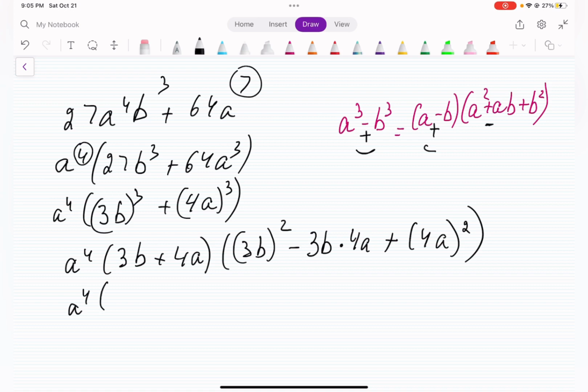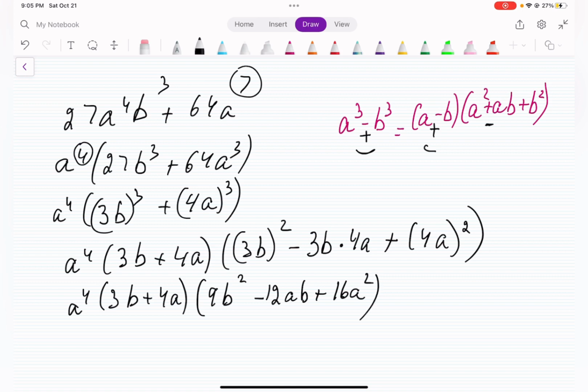A to 4, 3b plus 4a, and then 3b squared is going to be 9b squared minus 12ab, and plus 16a squared. 4 squared is 16a squared. All right? So, let me write down a to 4, 3b plus 4a, and 9b squared minus 12ab plus 16a squared.